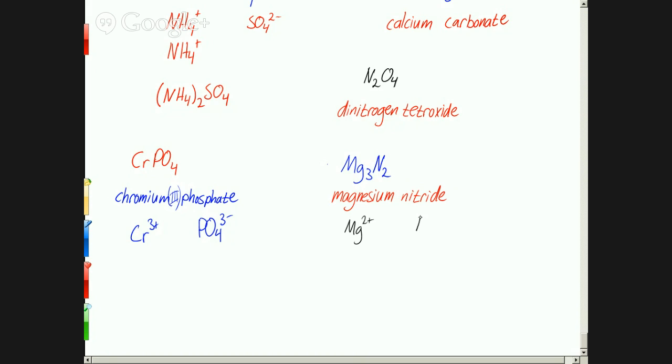And what about nitride? -3. So you ask how many of each do I need to balance out the charge? They're not going to balance out if I only change one because it's 2 and 3. So I'm going to have to change both of them. I need 2 of these to get 6, and then I need 3 of these. So then I would write down Mg3N2.